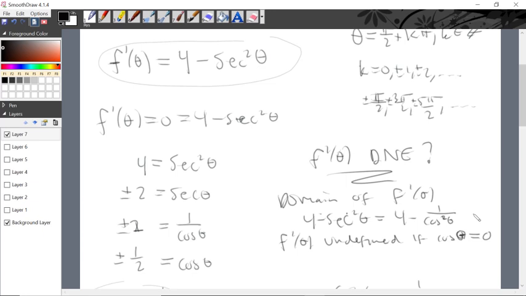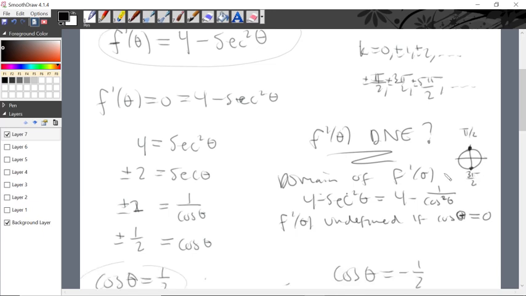Where's the cosine of theta equal to 0? Let's go to that unit circle again. Cosine of theta is the x-coordinate when you're moving around the unit circle. The x-coordinate is 0 here and here. For instance, at pi over 2 and negative pi over 2, or 3 pi over 2. And if you add multiples of 2 pi, you'll keep returning to those locations again and again as well.